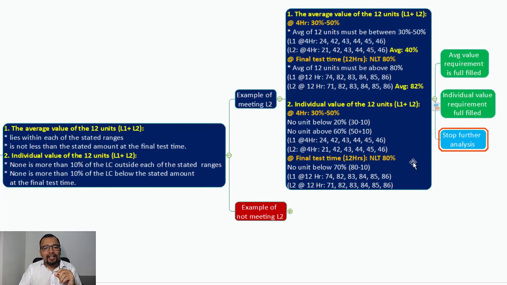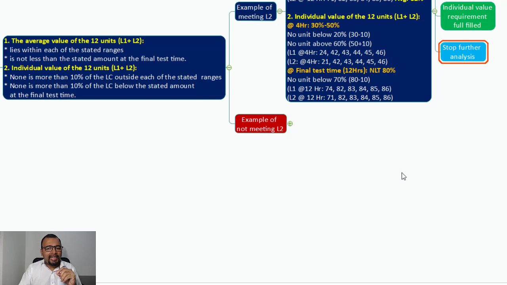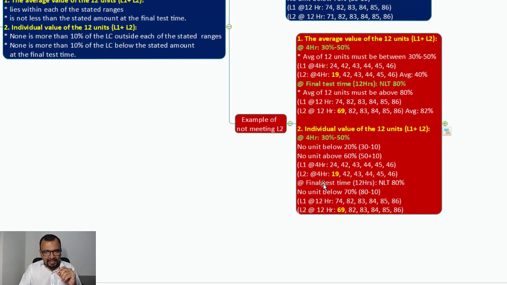Let us also understand the case where the L2 acceptance criteria is not met. And here it is on the screen. So the average value of 12 units, and I'm talking about the fourth hour time point where the requirement is 30 to 50%. The average of 12 units must be in between 30 to 50%.